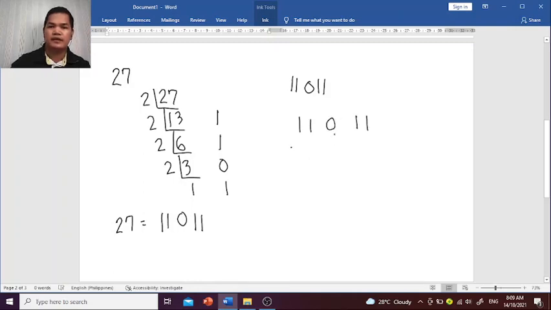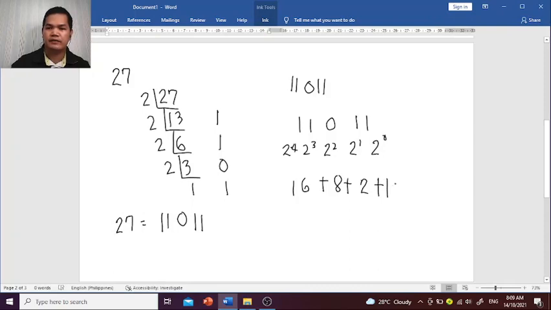We have here 2 to the 0, 2 to the first power, 2 squared, 2 cubed, and 2 to the fourth. So 2 to the fourth power is 16 plus 2 to the third power is 8. We have 0 here, so we're not going to include that. 2 to the first is simply 2, and then 2 raised to 0 is 1.